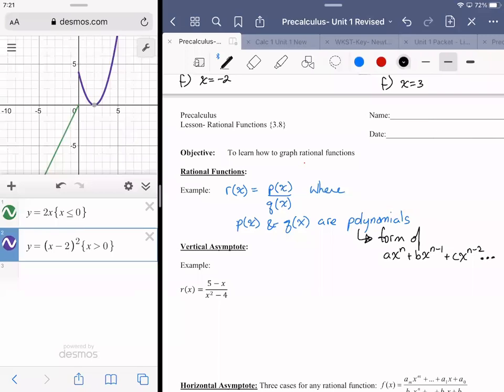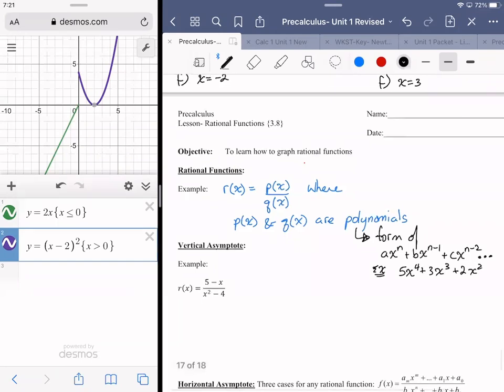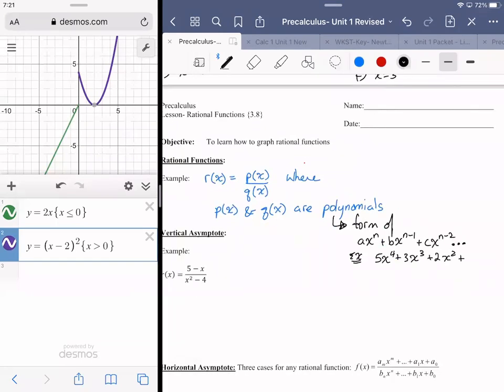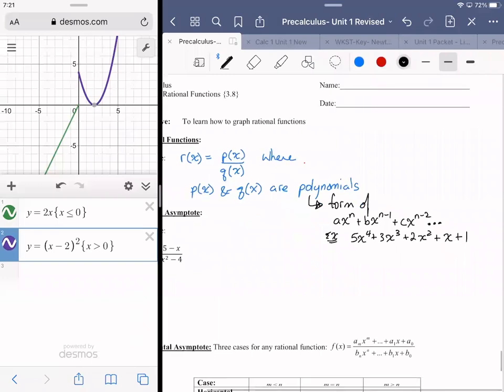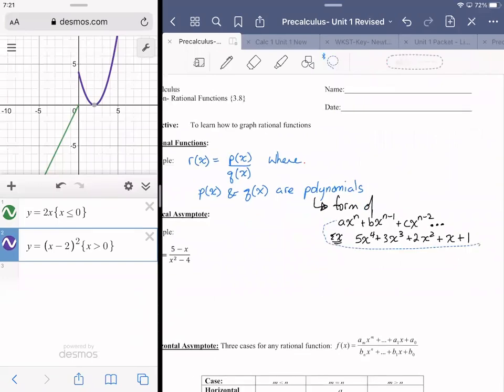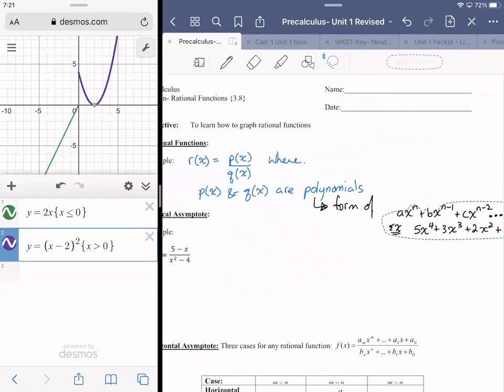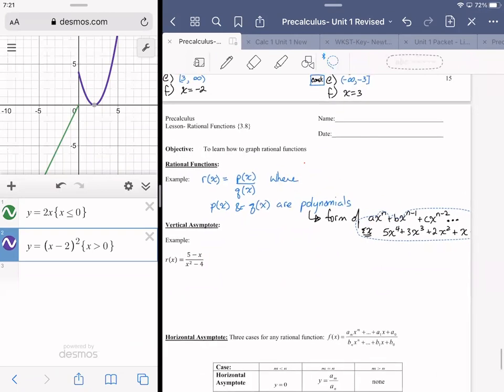What that means is, for example, you might have something like 5x to the 4th plus 3x to the 3rd plus 2x to the 2nd. The notation makes it seem harder than it is, because there's really no nice way of writing it. But that's really all there is to it.